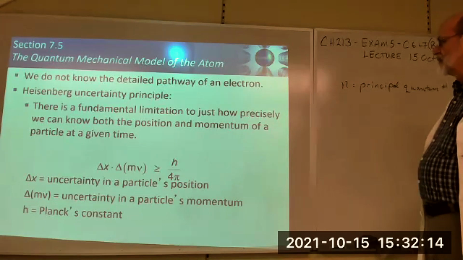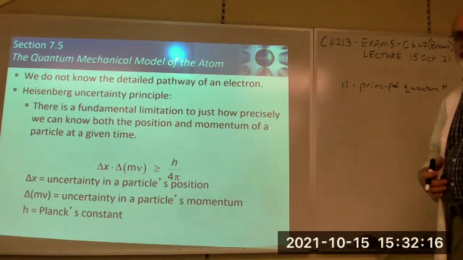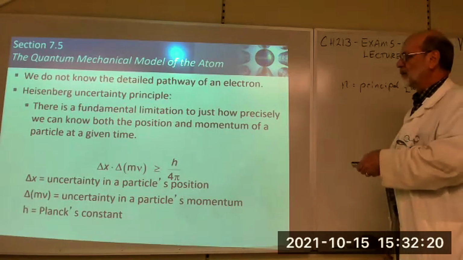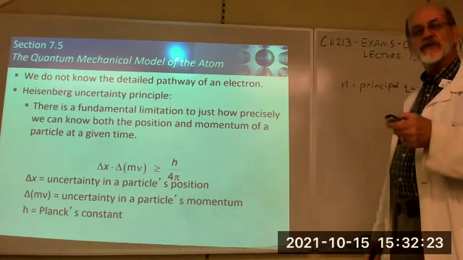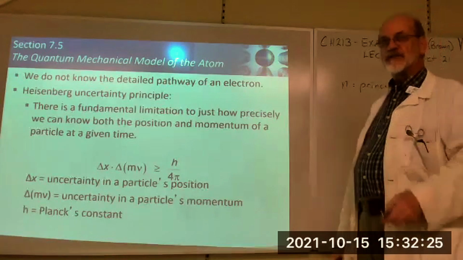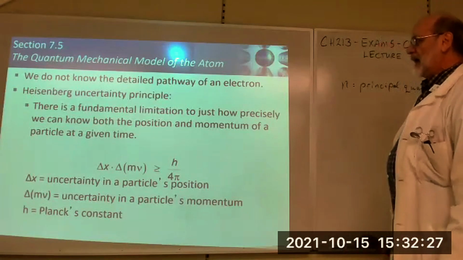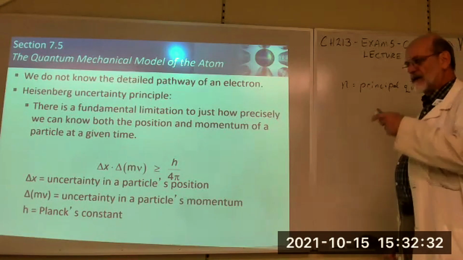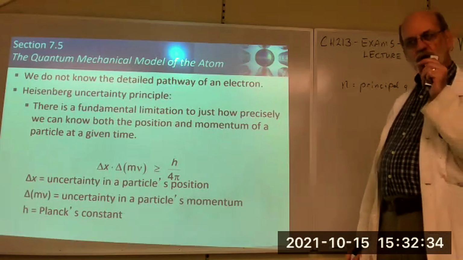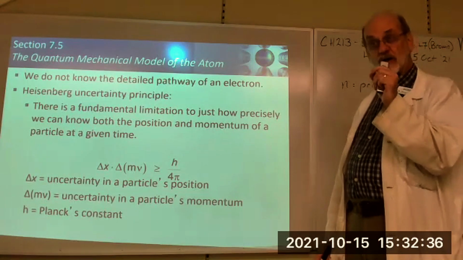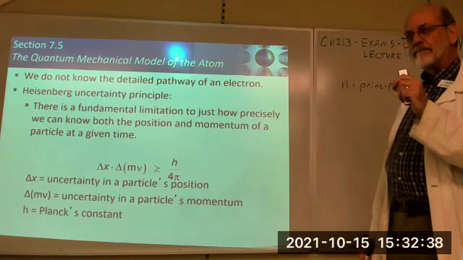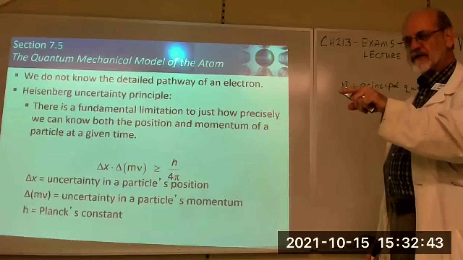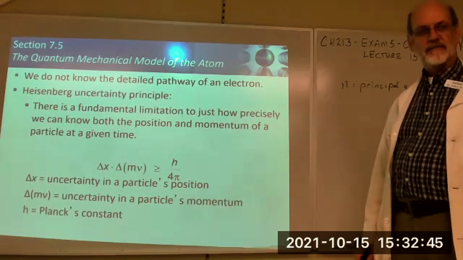Let's see. Heisenberg's uncertainty principle. We'll say just a word about this. Werner Heisenberg was one of those early 20th century genius physicists. And his work focused attention on the fact that when things get really small, like the electron, like the atom, it is impossible to know both where it is and how fast it's moving.